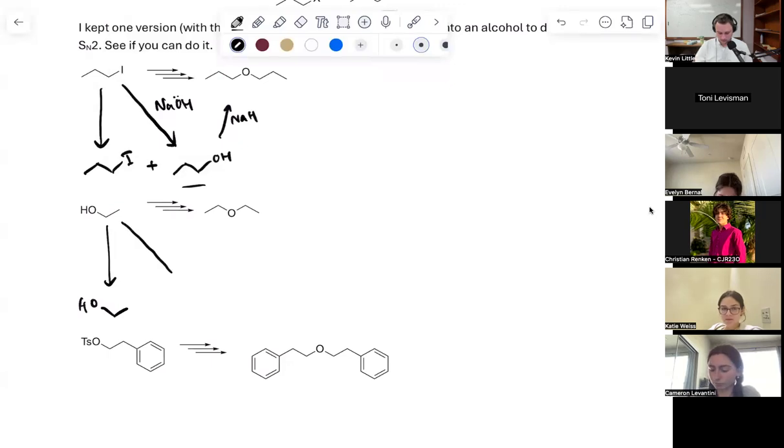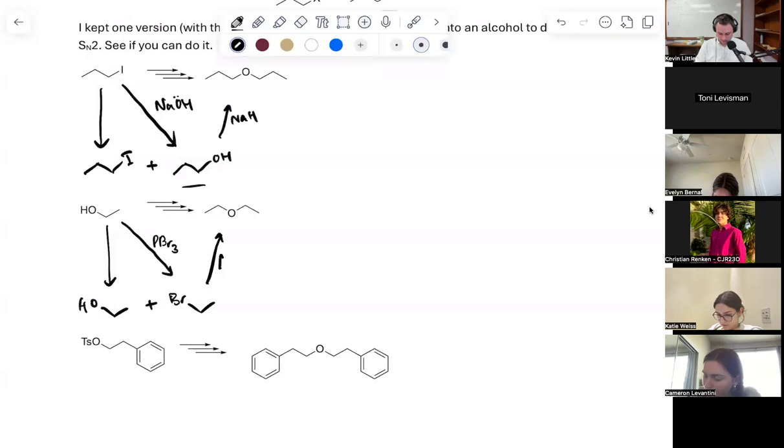Then to another version of it, to a different portion of it, I need to turn it into some sort of leaving group. So I'll use PBr3. You could use HCl, you could use SOCl2, anything that would replace that alcohol with a leaving group. You could do TsCl.